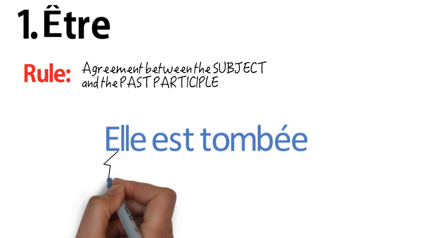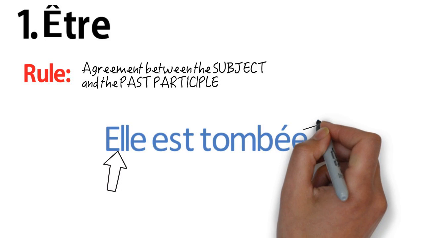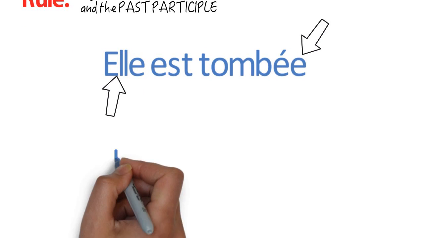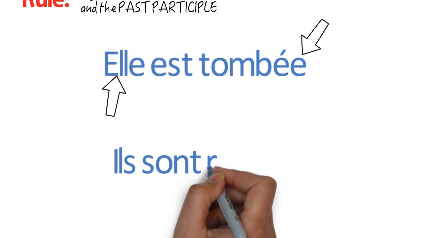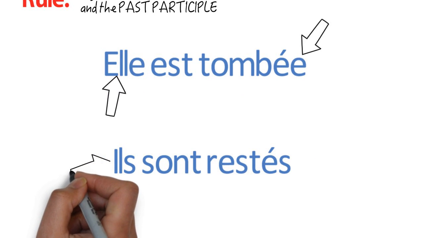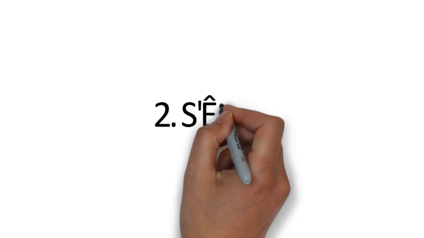Well, elle is feminine and it is the subject. For this reason, there is an agreement and we need a final E at the end of our past participle. Ils sont restés, the same thing. Ils is the subject, masculine plural, so we need an S at the end of the past participle resté. And that's simple. That's all.